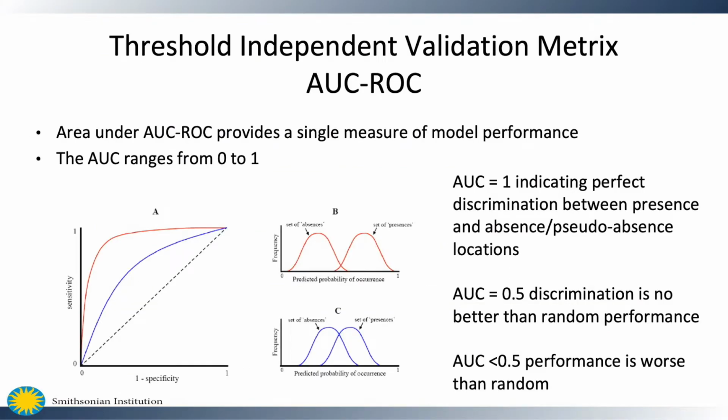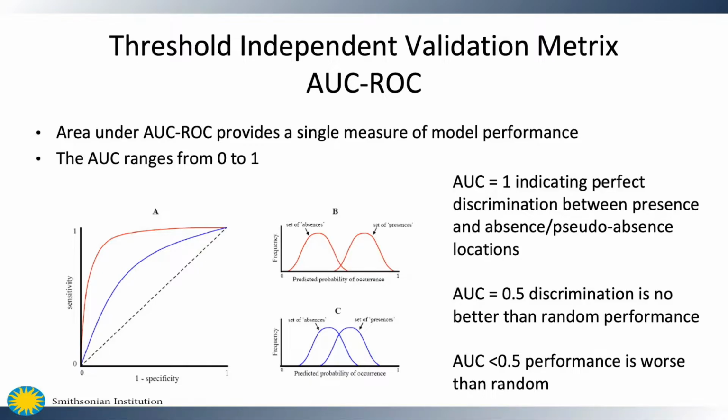The other set of validation metrics are threshold independent. Let's start with the area under the curve of the receiver operator characteristic. It provides one single measure of model performance and ranges from 1 to 0. The idea here is that we plot sensitivity versus 1 minus specificity across a gradient of thresholds.